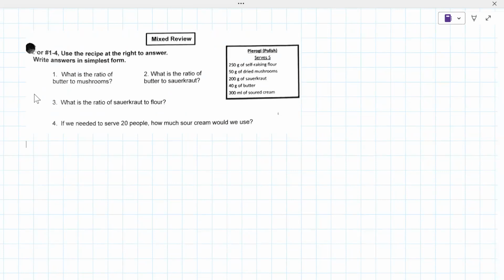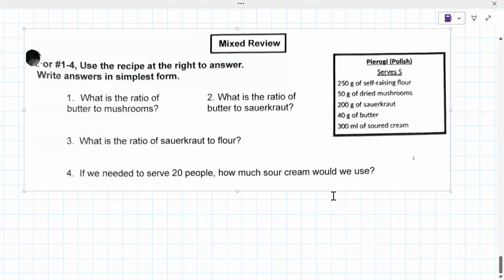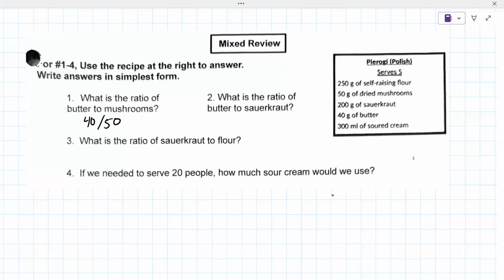Thunder's 48 grams. So 250, times. Or 48 times 2. 200.